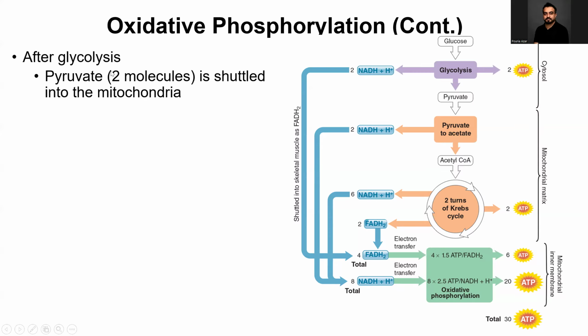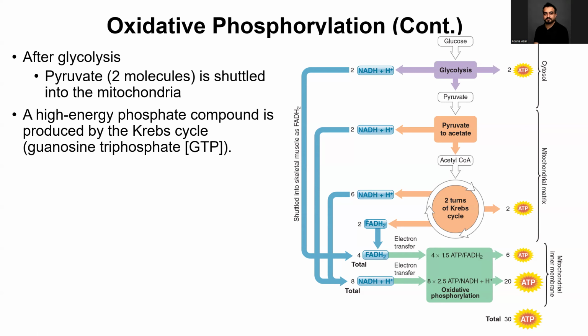Glycolysis takes place in cytoplasm. And the pyruvates we get from glycolysis are also in cytoplasm. So these pyruvates are shuttled into the mitochondria, which we get to our second phase of oxidative phosphorylation, which is the Krebs cycle.